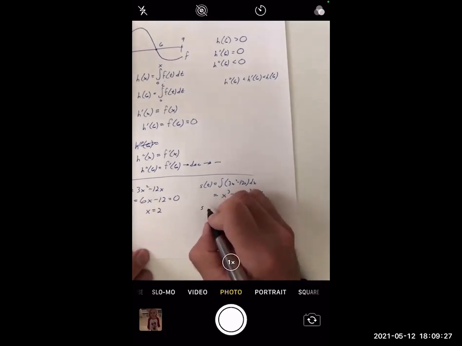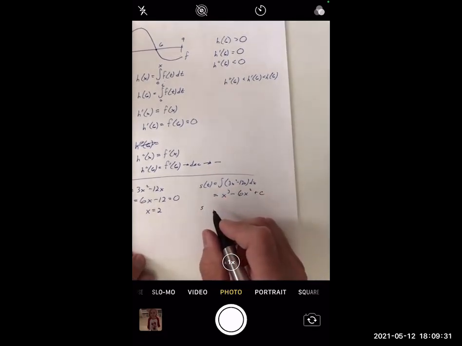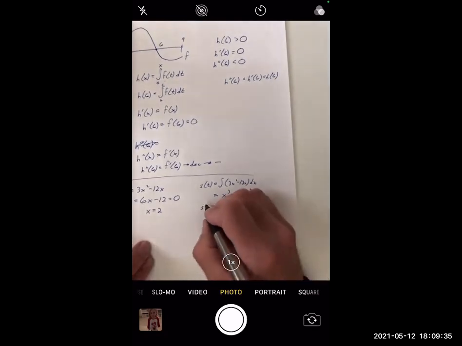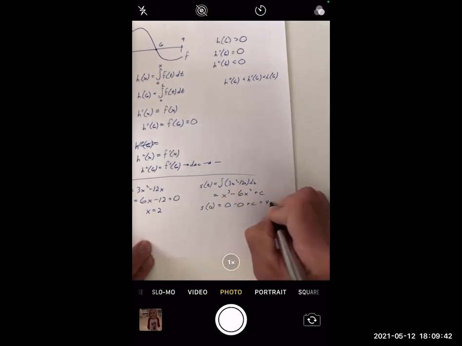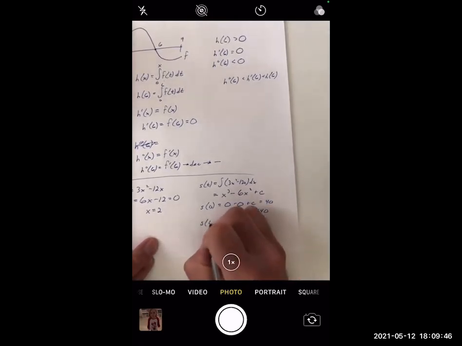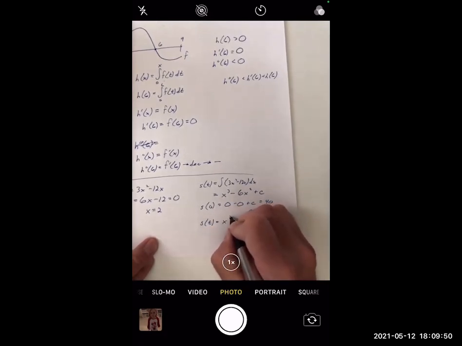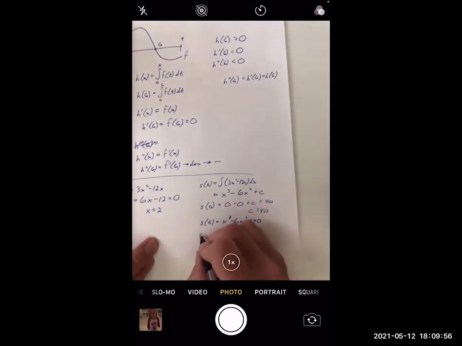So you're nearly there. You just now have to use that little bit of data. So when t is 0, the position is 40. So c is 40. So now you've got a position function. And now you can plug in your time.